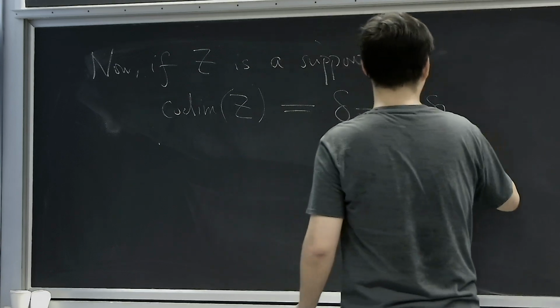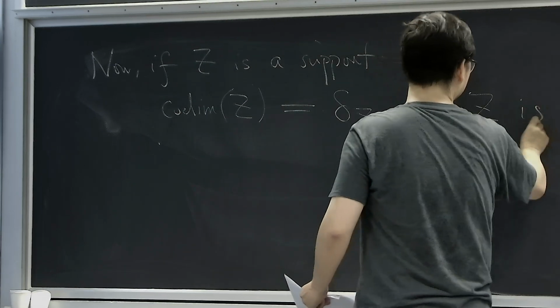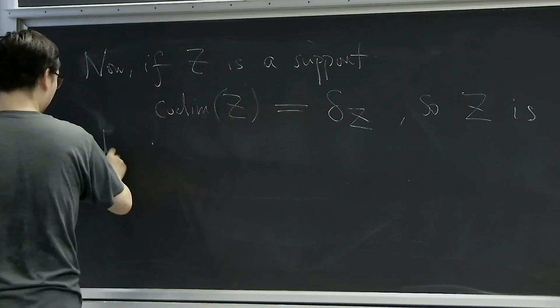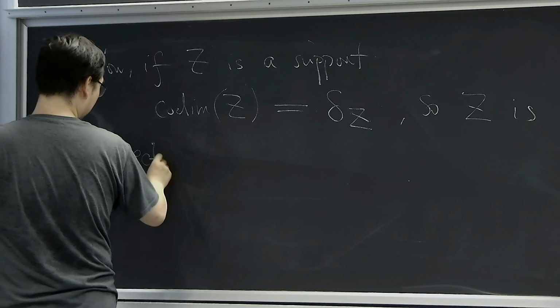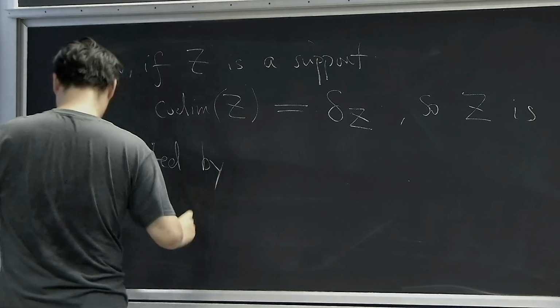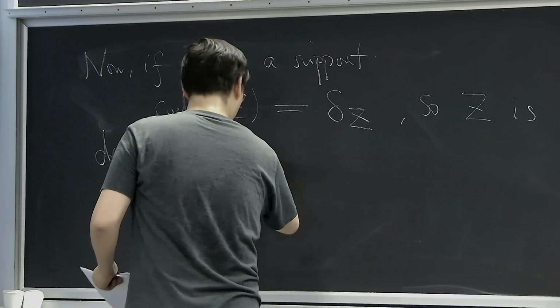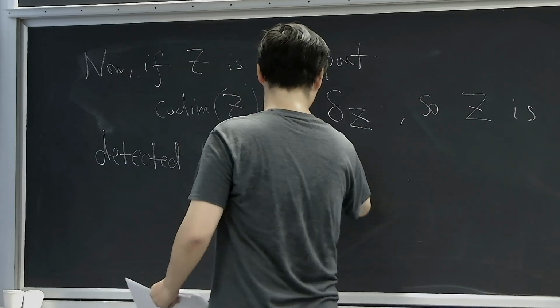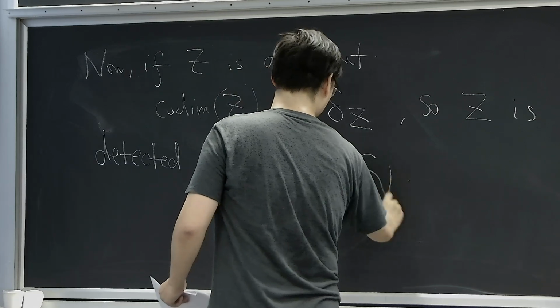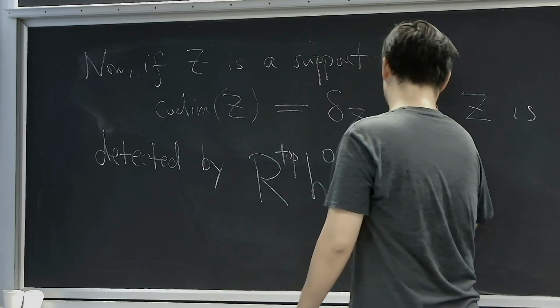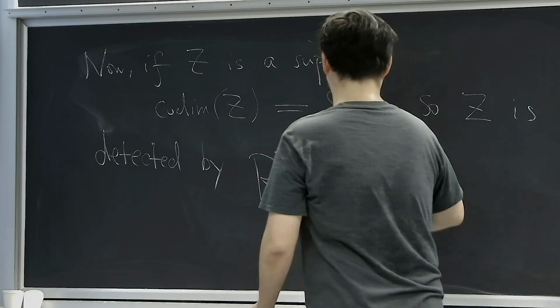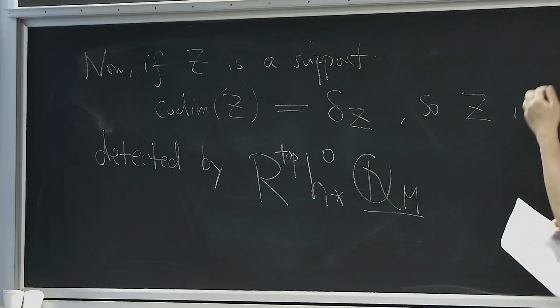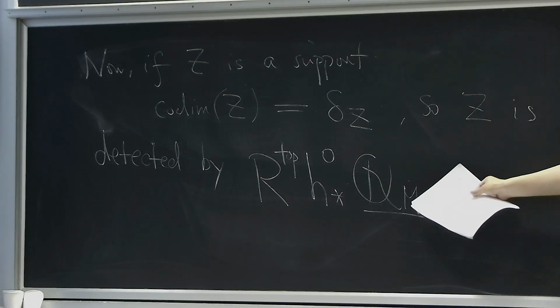This means that Z will be detected by the top degree homology of the fibration, H top of M. This is the second part of the Ngo support theorem.